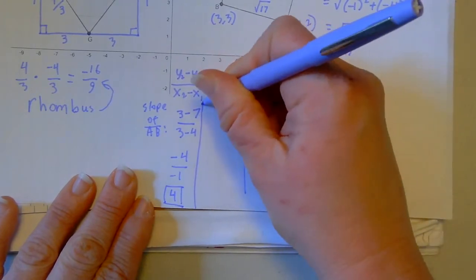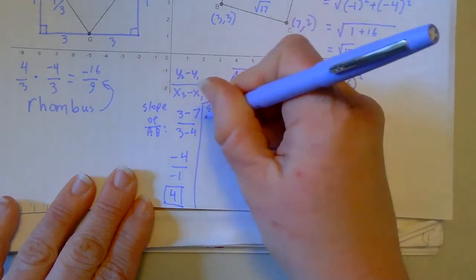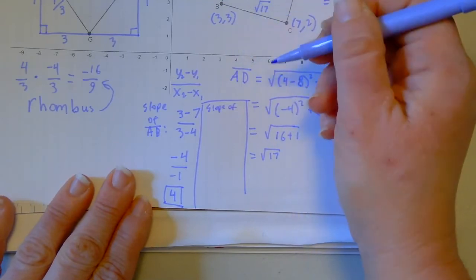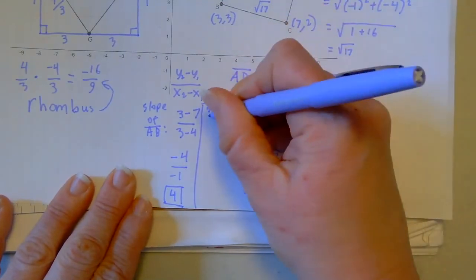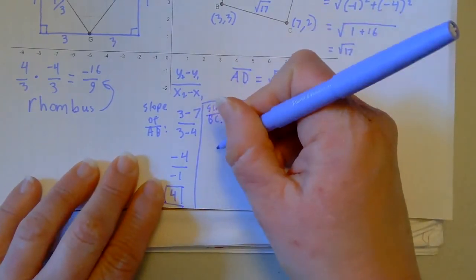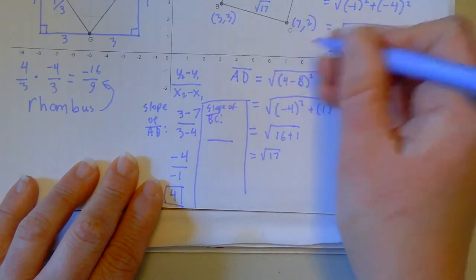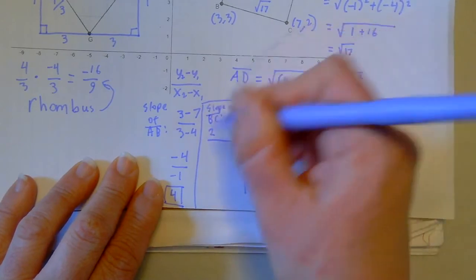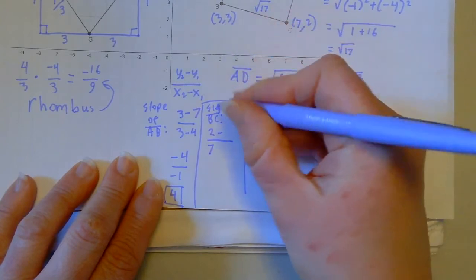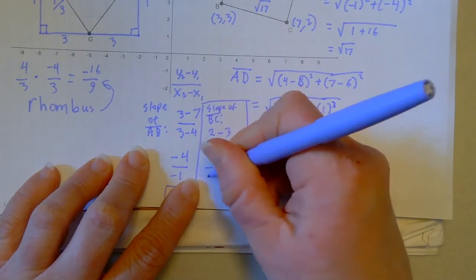Now I want to find the slope of BC. I want to see if that is a 90-degree angle at B. So BC would be, point C is a y coordinate of 2 and an x coordinate of 7, and B is a y coordinate of 3 and an x coordinate of 3, so I get negative 1 over 4.